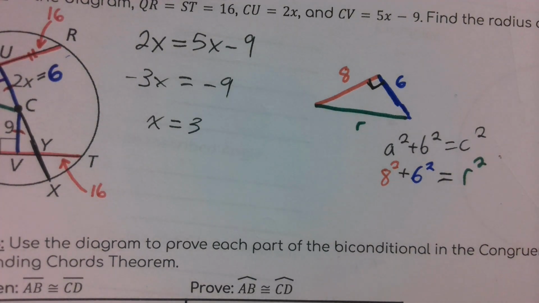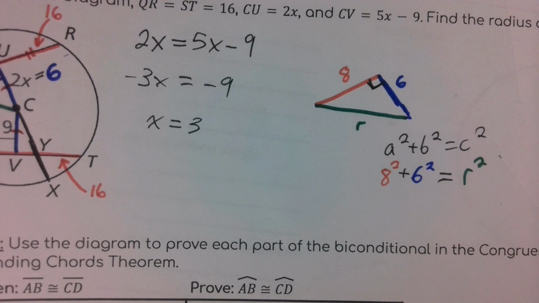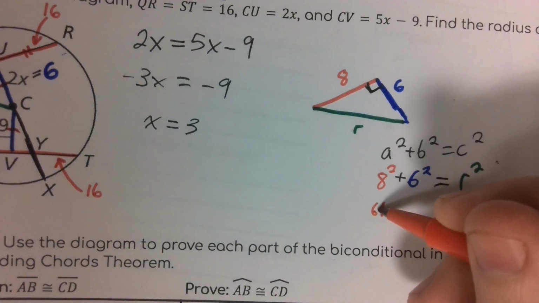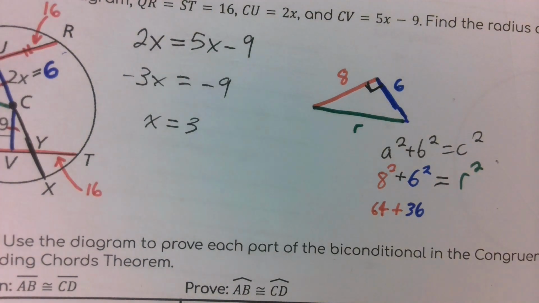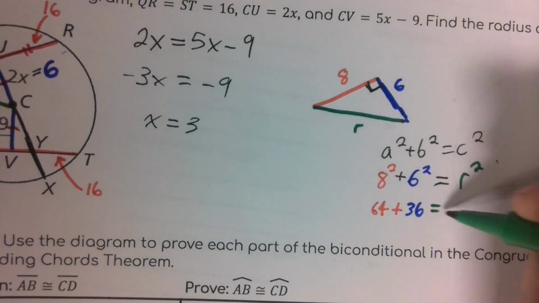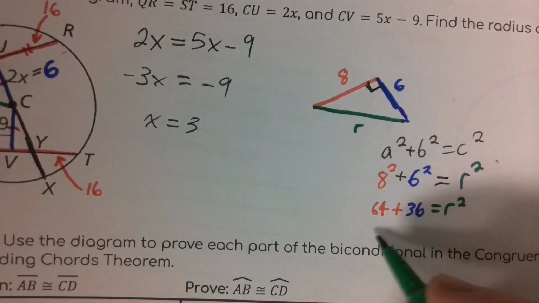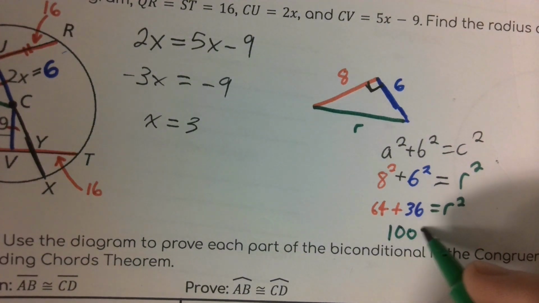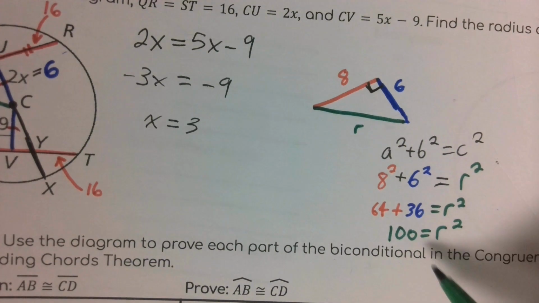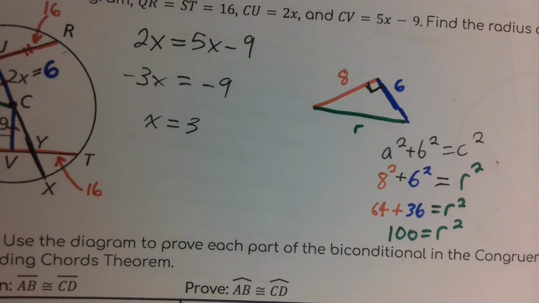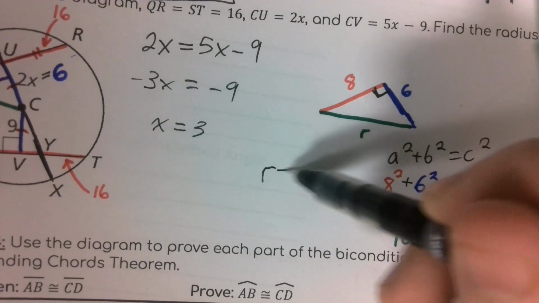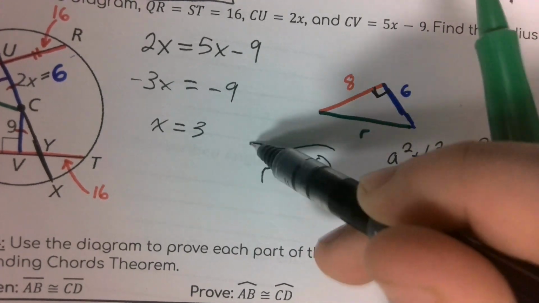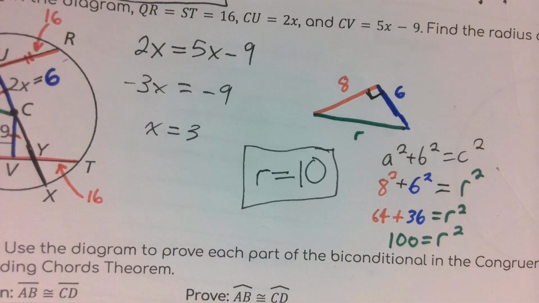Let's do this. 8 squared is 64. 6 squared is 36. And we know that has to equal r squared. Since 64 plus 36 is 100, our radius squared is 100. We just have to take the square root of both sides, and we see, since the square root of 100 is 10, our radius for circle C is 10.